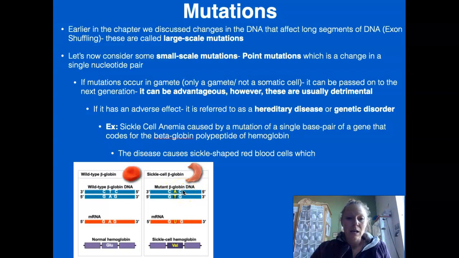So that is going to, instead of coding for a glutamic acid, code for a valine. And that is going to cause the red blood cell to have this sickle shape, and that is going to cause a lot of negative consequences. So that is a point mutation.